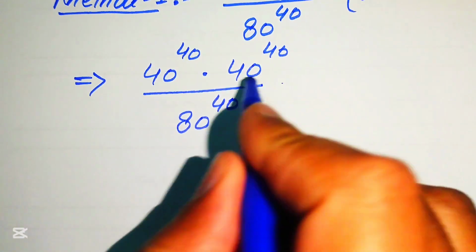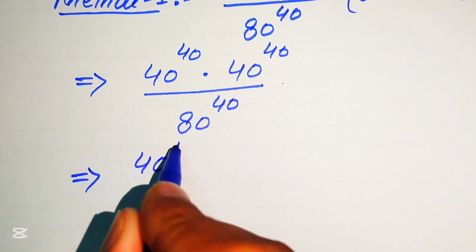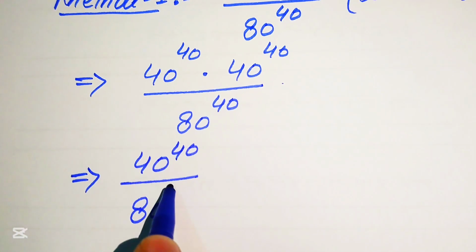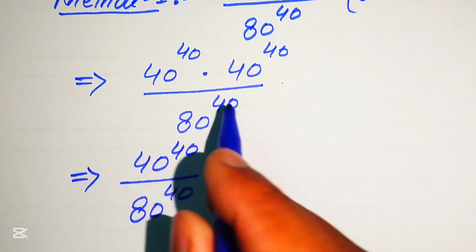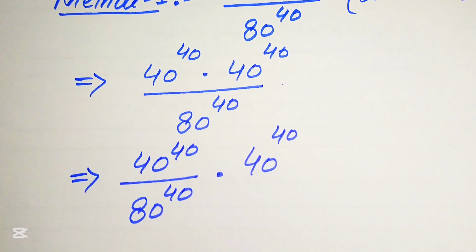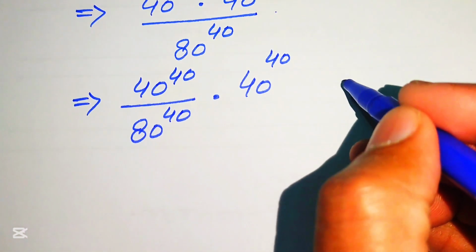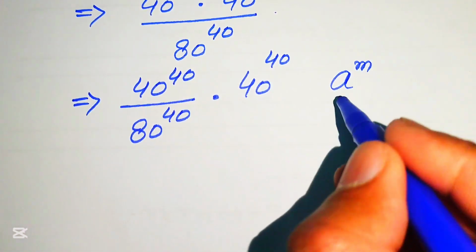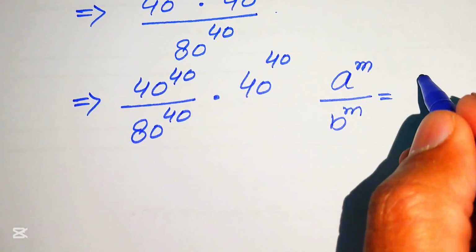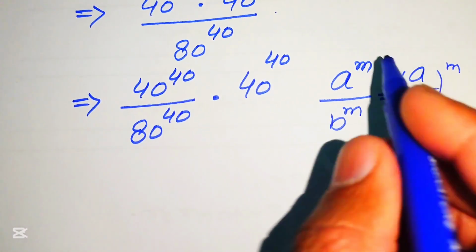Now in the next step, we rewrite this expression in this form. We write it as 40 to the power of 40 divided by 80 to the power of 40, multiplied by 40 to the power of 40. Now we use another exponent law. You know that a to the power of m divided by b to the power of m is written as a over b to the power of m.